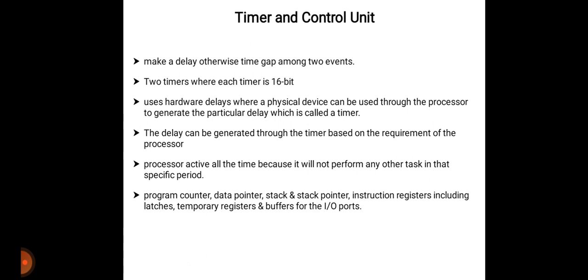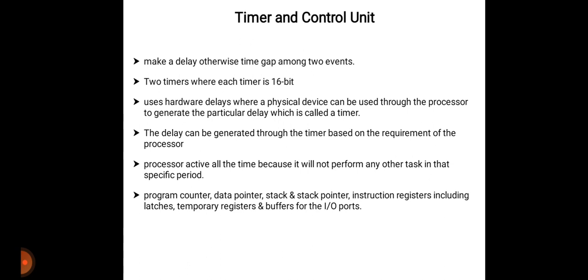Generally, every microcontroller uses hardware delays, where a physical device used by the processor to generate a particular delay is called a timer. This is the definition of timer. The delay can be generated through the timer based on the requirement of the processor, and the timer transmits a signal to the processor whenever the particular delay has been generated.